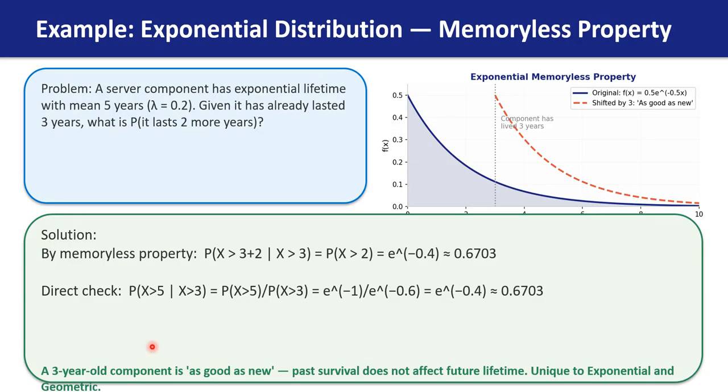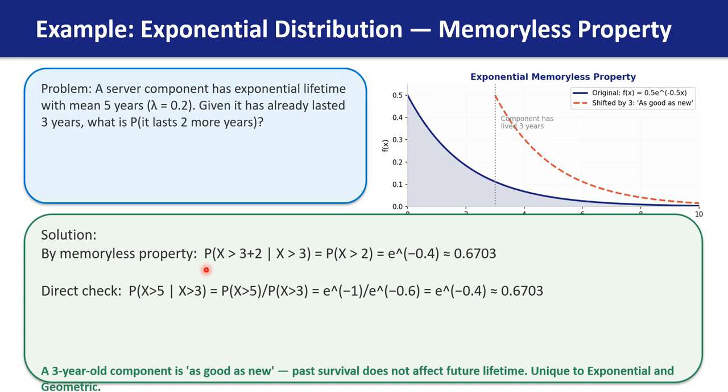Okay, let us check the memoryless property with a real example. A server component has an exponential lifetime with mean 5 years. Since mean equals 1 over lambda, we have lambda equals 0.2 per year. The component has already lasted 3 years. What is the probability it lasts at least 2 more years?